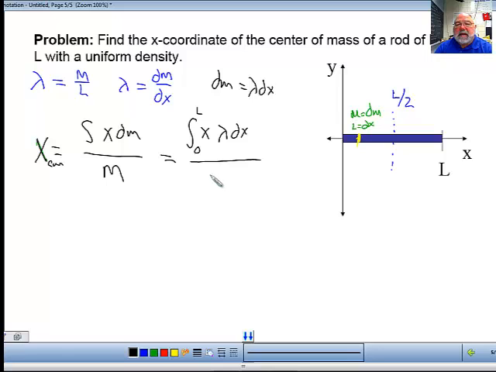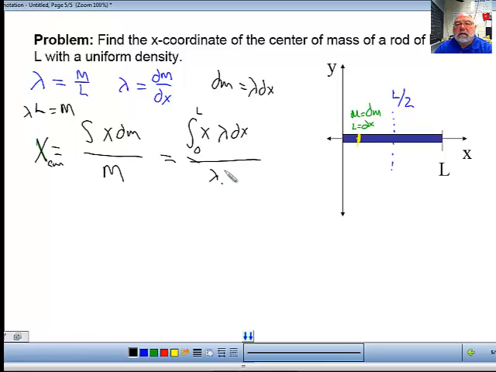Okay, well, what's the total mass equal to? Well, the total mass is equal to lambda times L. And that's what the mass is equal to. So I'm going to plop that in right here.